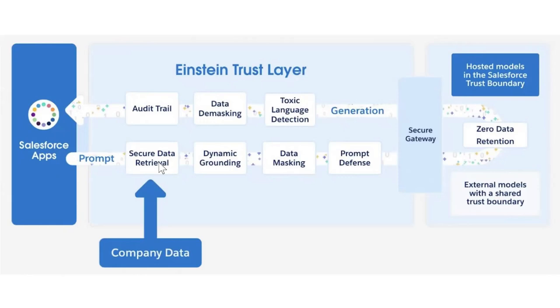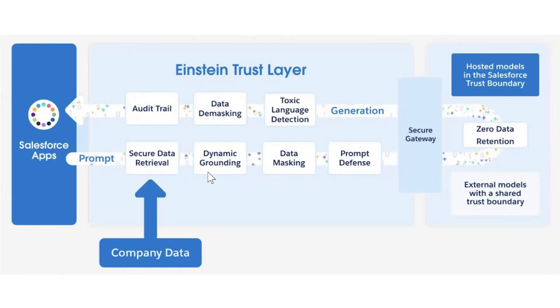With the secure data retrieval, we can pull data from Salesforce. This enables more relevant output from those models to build a contextual prompt. Secure data retrieval focuses on ensuring the security of data used by the generative AI models. Next, there's dynamic grounding.